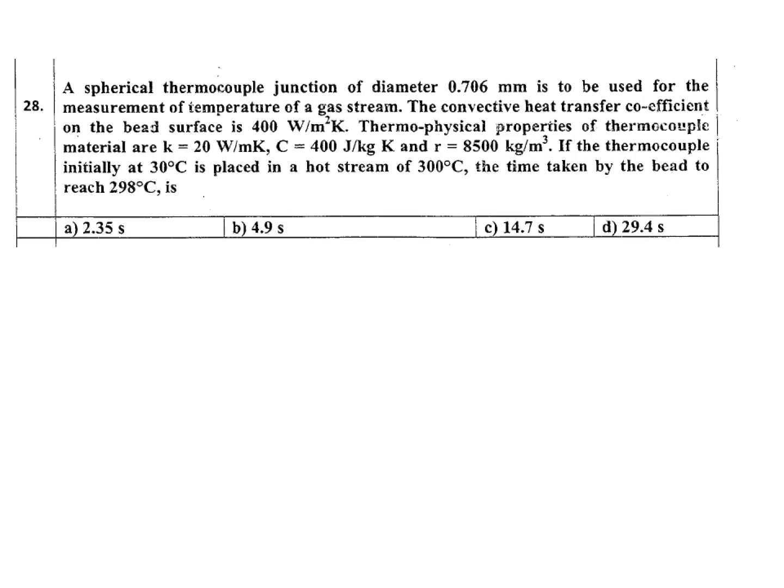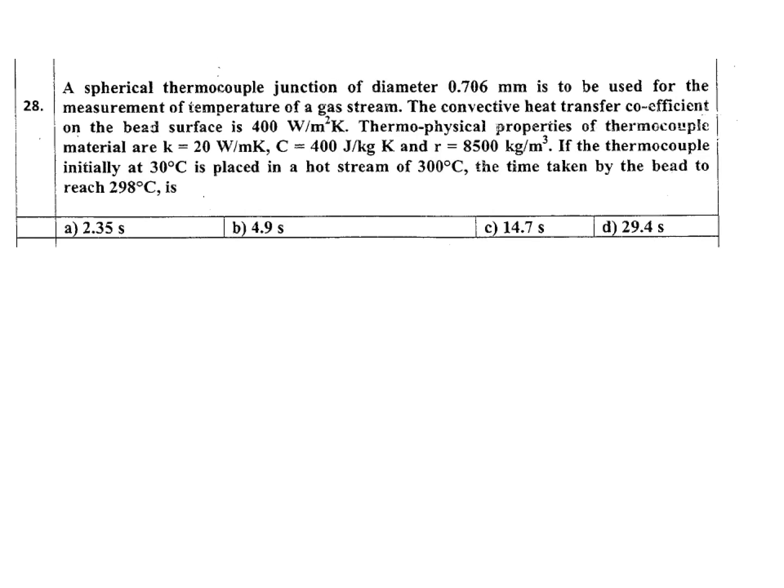A spherical thermocouple junction of diameter 0.706 mm is to be used for the measurement of temperature of a gas stream. The convective heat transfer coefficient on the bead surface is 400 watt per meter square Kelvin.